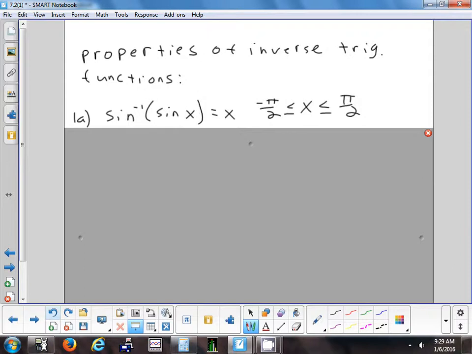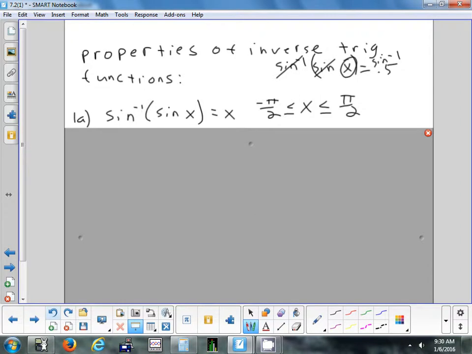If we had something like sine of x equals 0.5, and you want to get x by itself, you take the inverse sine, and now you've canceled those out, and you have your answer by itself. That's the rule we used yesterday.